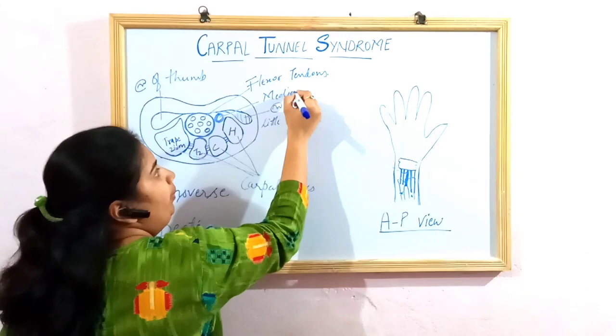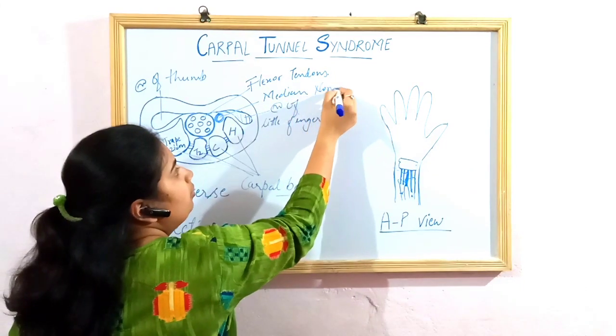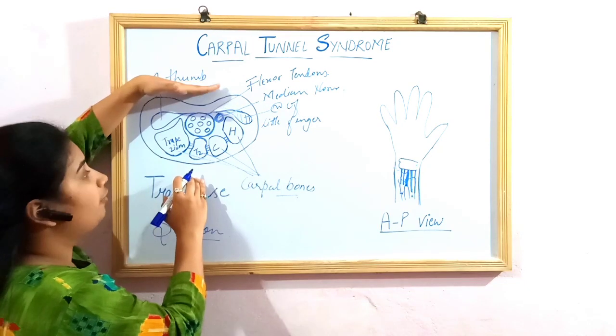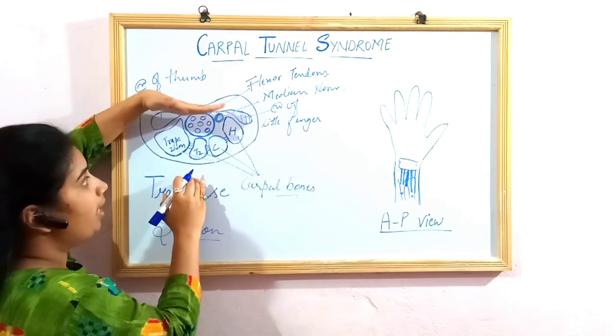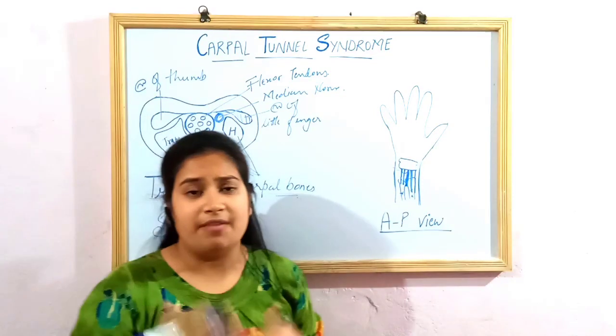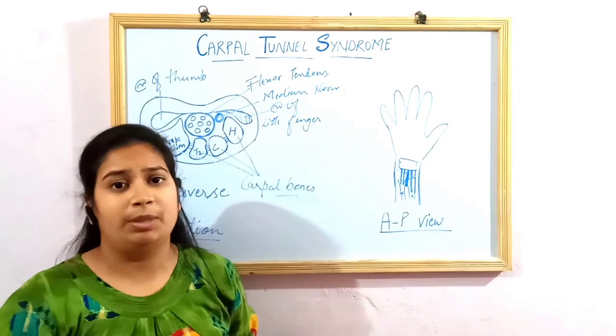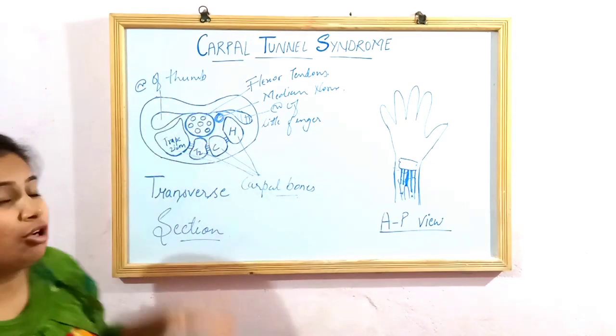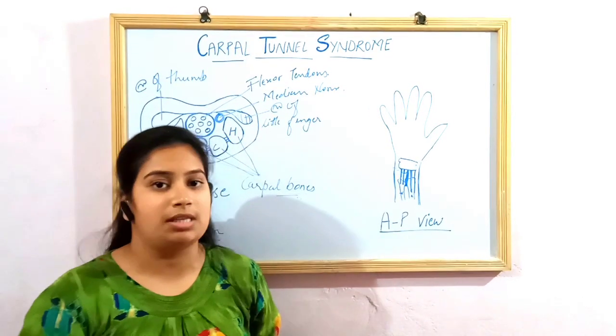When any pressure is exerted over the fascia, this median nerve gets compressed by any means. I will explain later what the causes of this compression may be. But when it gets compressed, it causes numbness, tingling, pain and weakness in your hand.